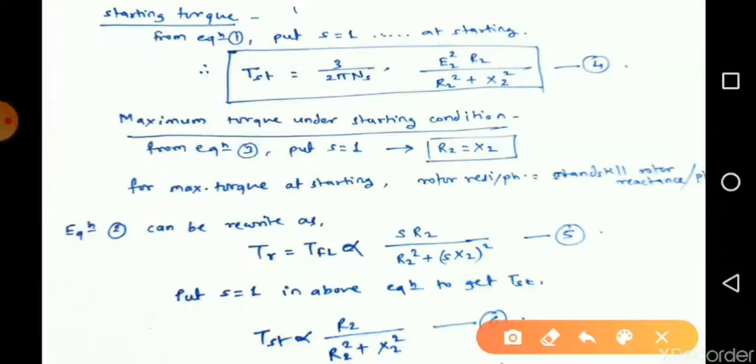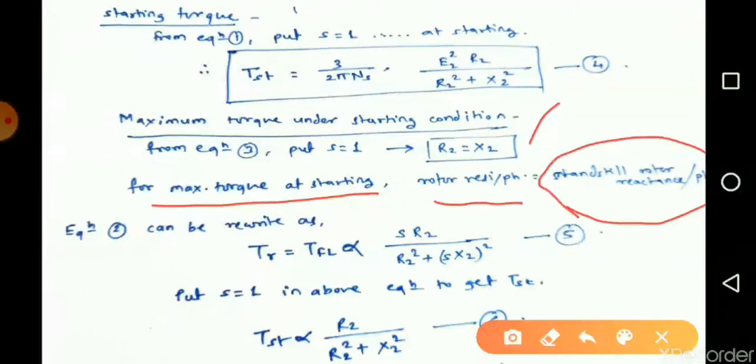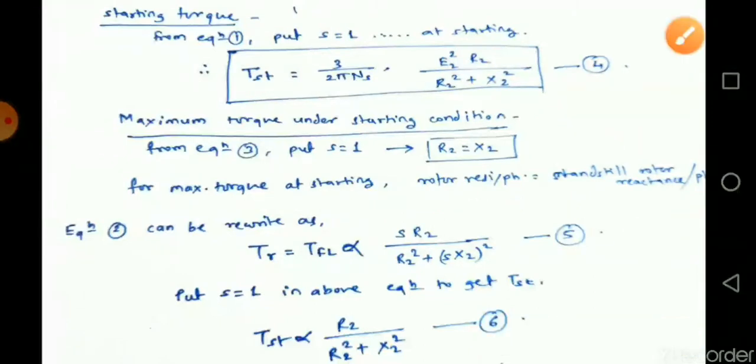So this is the condition for the starting torque to be maximum. Here we can say that to get a maximum starting torque, the rotor resistance per phase is equal to the standstill rotor reactance per phase. With this we found the expression for starting torque as well as running torque and the condition under which we get a maximum torque.